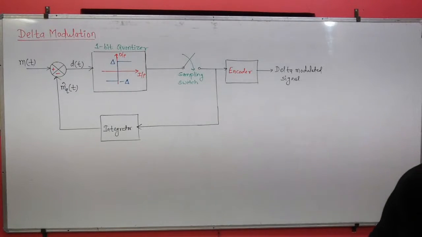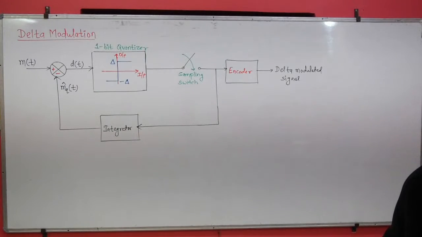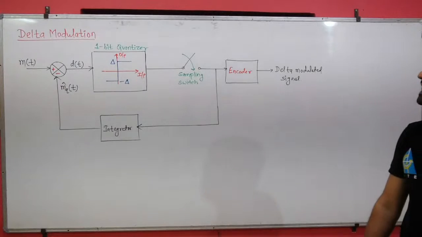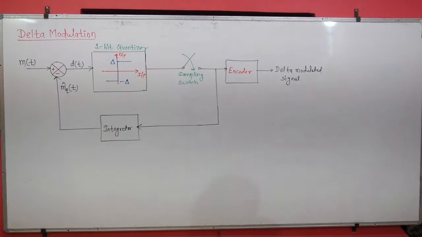Signum function is the characteristic of 1-bit quantizer. Yes, Nadita, it works as a comparator. Very good. It is plus delta or negative delta. Very good, Saeed. Plus delta or minus delta. Yes. So when will you get plus delta and when will you get minus delta?